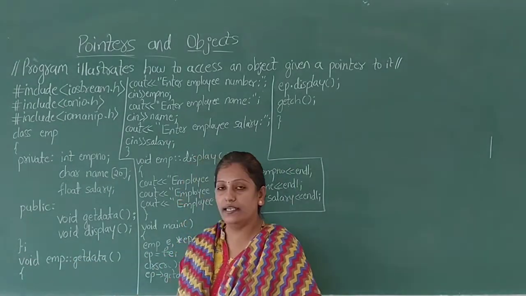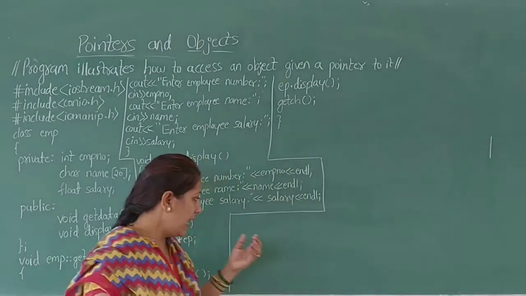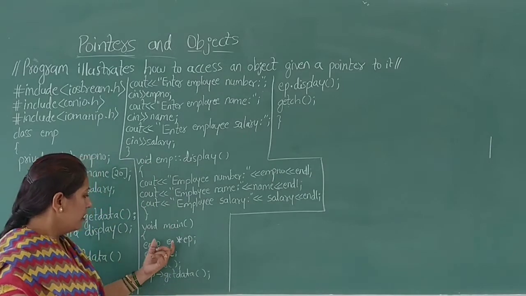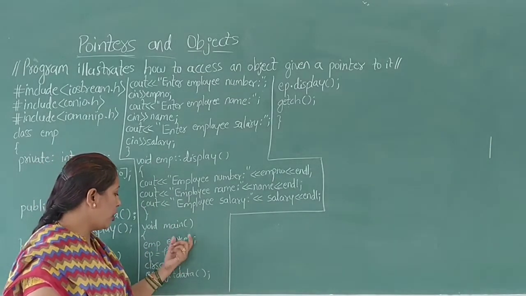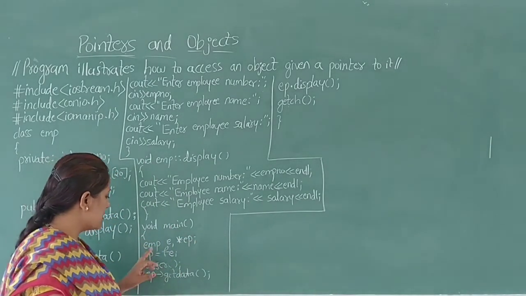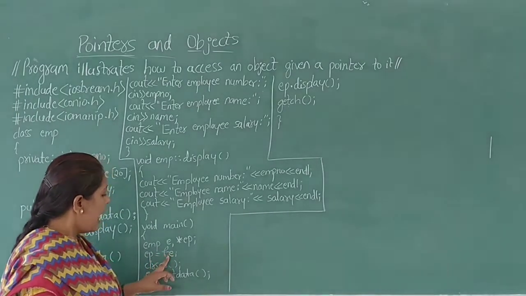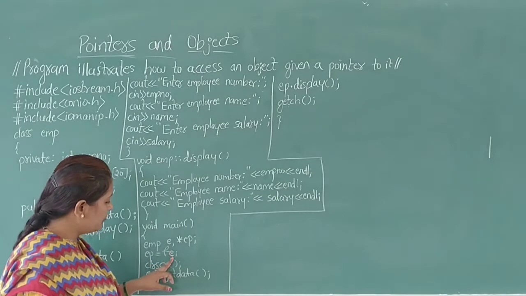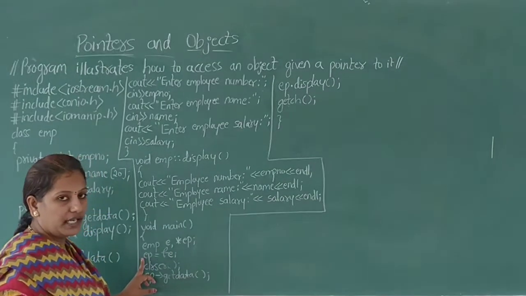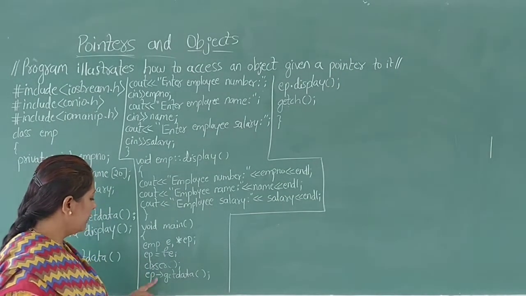Then the class is terminated. In the main function, one normal object and one pointer object are created using the class emp, and here we are assigning the address of the object to the object pointer ep.